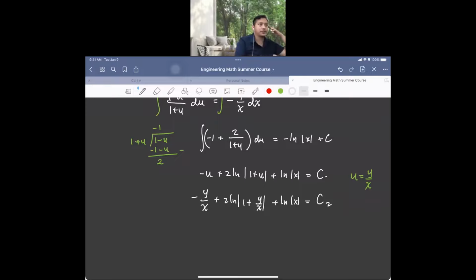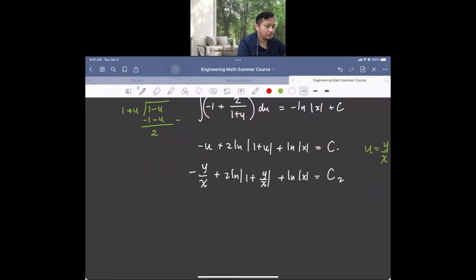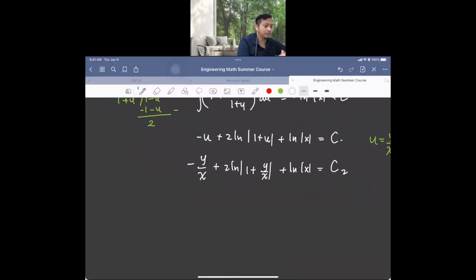Okay, we can stop here, or if you want to write it not in an implicit way, then you can solve through the ln. You can combine the ln if you want.